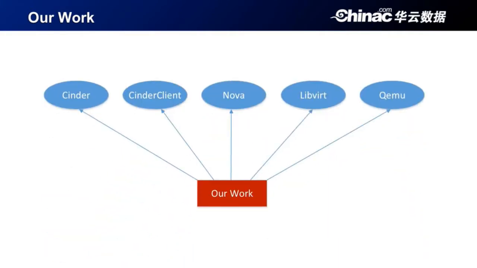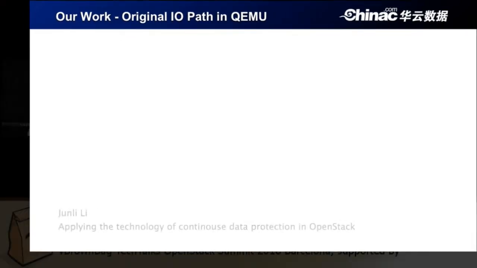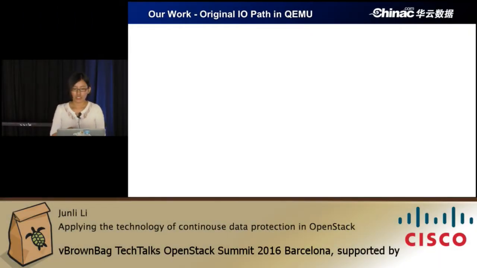This work is complex. It contains several projects, including Cinder Client, Nova, Libvirt, and QEMU. Since most work is done in QEMU, this slide will show the difference between before and after our work.